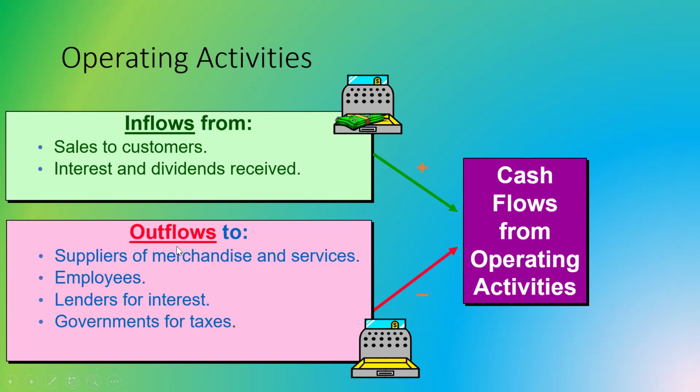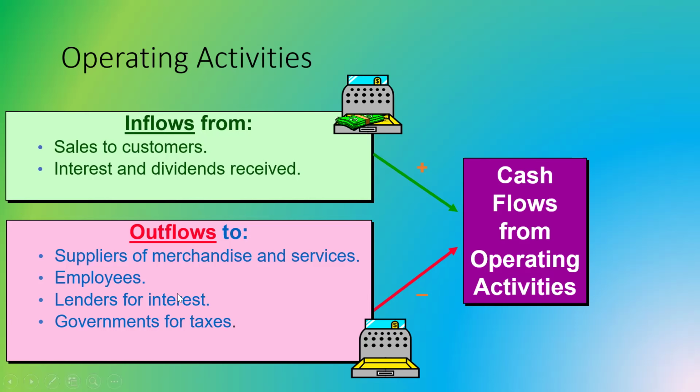Likewise, we have outflows from operating activities, like payments to suppliers of merchandise and services. Companies need to buy inventories, supplies, and services to keep their business running, so this represents an outflow from the company. Cash paid to employees, called salaries, is also related to operating activities.